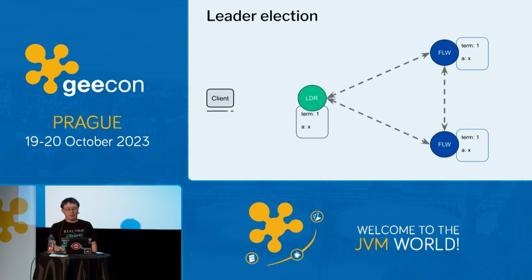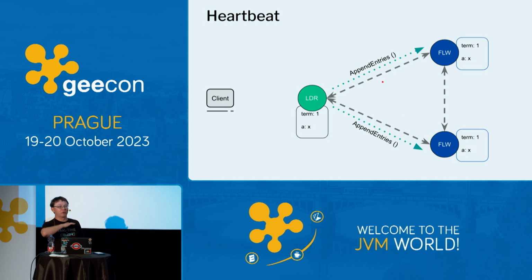So the first step is leader election. The leader is elected by the majority of members. So to elect the leader, in this picture, you should have two members: the member itself and any one of the others. The majority will be 2. When the leader is elected, it starts sending heartbeats to tell the other followers that it is alive and in an active state.